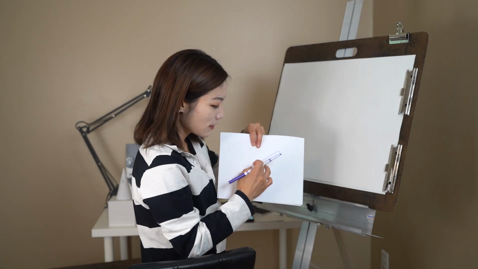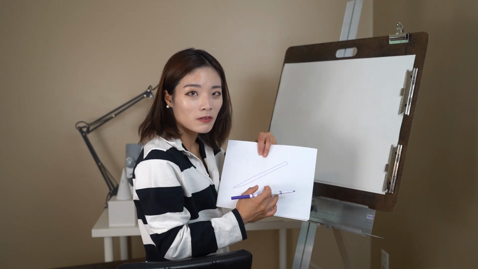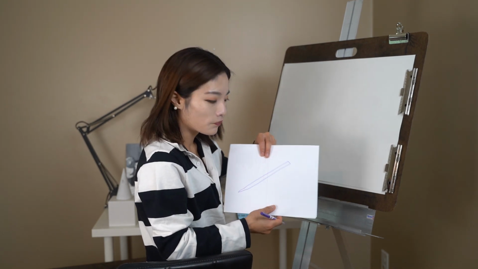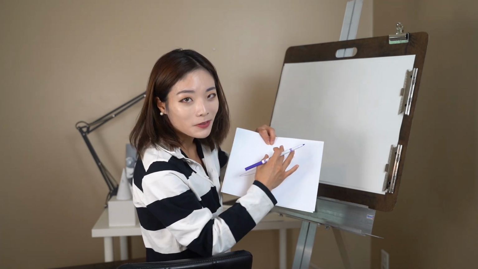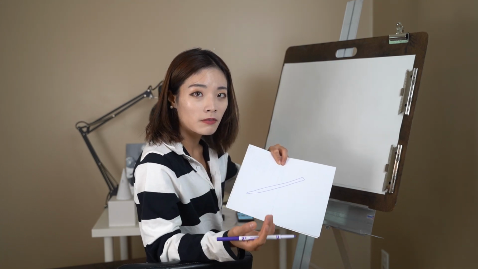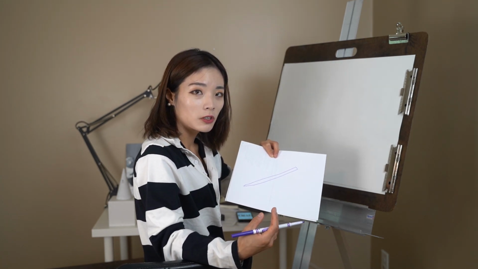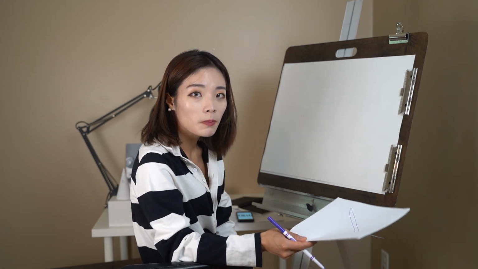This is the space that the object takes up. That is called the positive space or positive shape. All the space or shape surrounding the positive shape is called the negative space or negative shape. Another word for positive shape or space is figure. Another word for negative shape or space is ground.